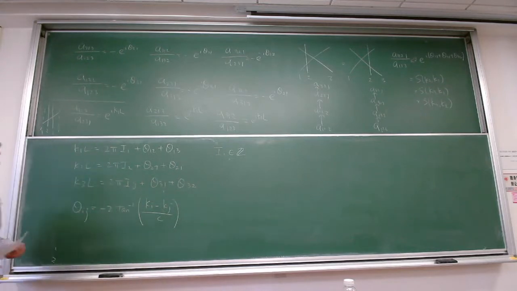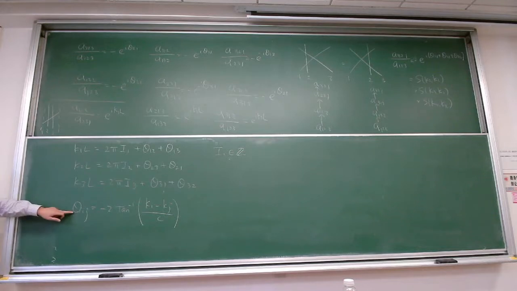So this is the relation. In two particles, we already derived this one. Do you remember? I already erased it, but if you took a note, you already have this relation.